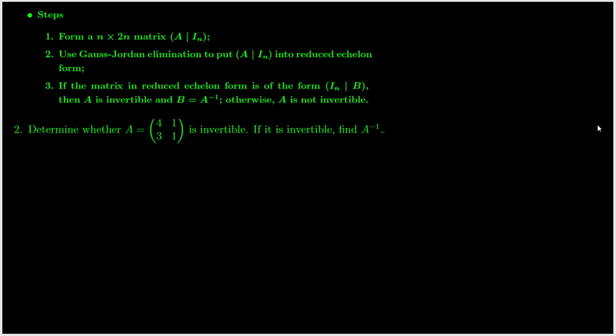The proof is not too hard. If you want the proof, you can read the textbook. But we concentrate on the algorithm. That's an algorithm for answering two questions: determining if a matrix is invertible, and also getting the inverse of the matrix.